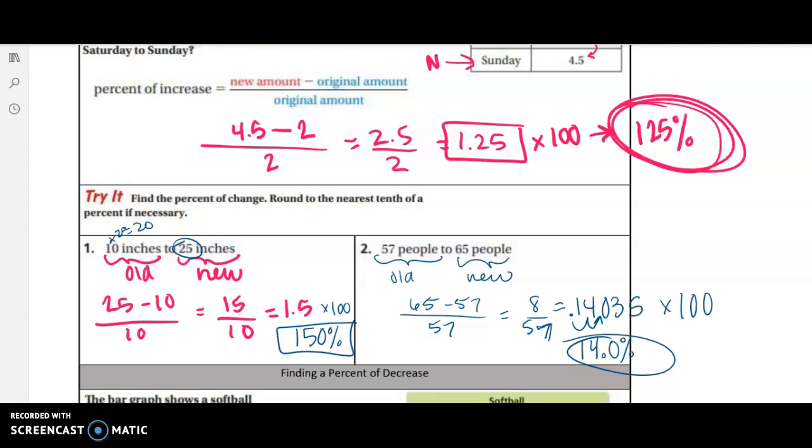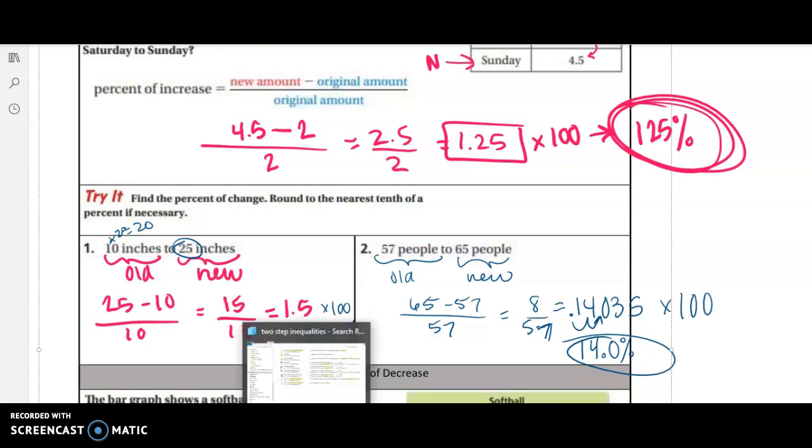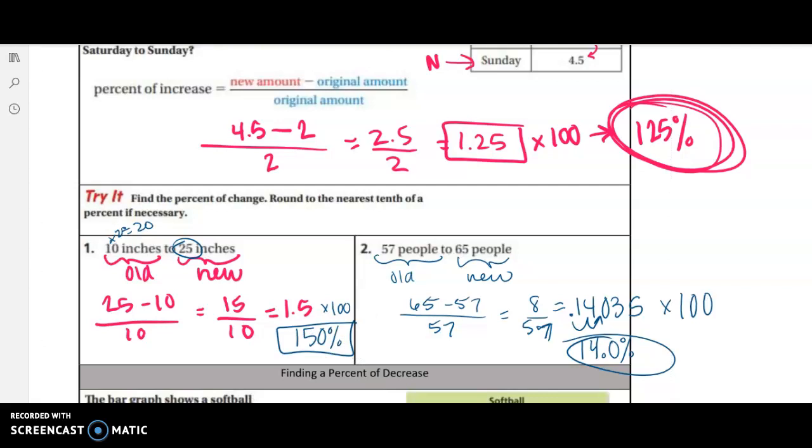Over here, we went from 57 people to 65 people. And so 65 is our new, which means that we are going to do 65 minus 57, and we get 8, and then divide that by 57. When you divide it by 57, you're going to get a long decimal, and that's okay.